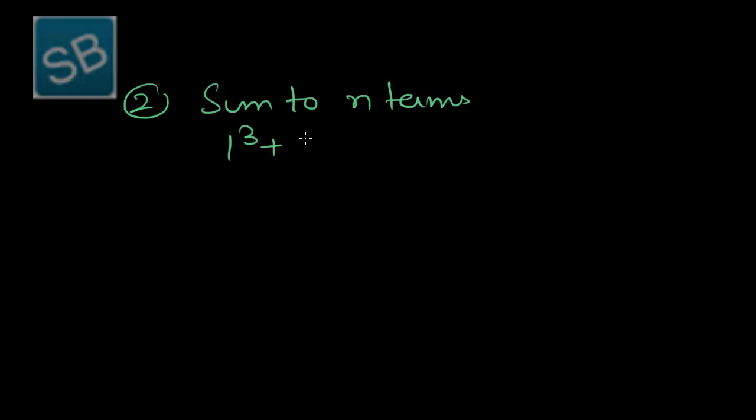Now the next problem is: sum to n terms, that is 1 cube plus 3 cube plus 5 cube plus so on. So in this we can see this is a series of cubes of odd natural numbers.